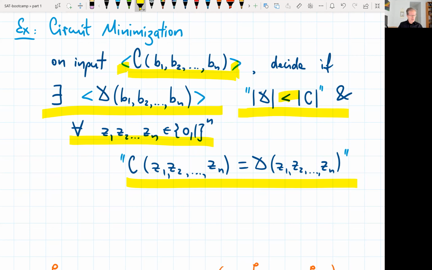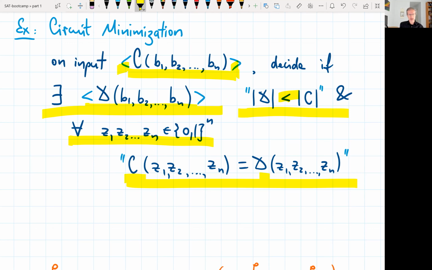And so this formulation can be viewed as a sigma 2 formula because, on some input, the circuit description, you existentially guess some polynomially long string, the description of circuit D, then you universally guess an n-bit string Z, and then you check in polynomial time whether two circuits C and D assume the same value on a given input string Z. And circuit value problem, fortunately, is in polynomial time.